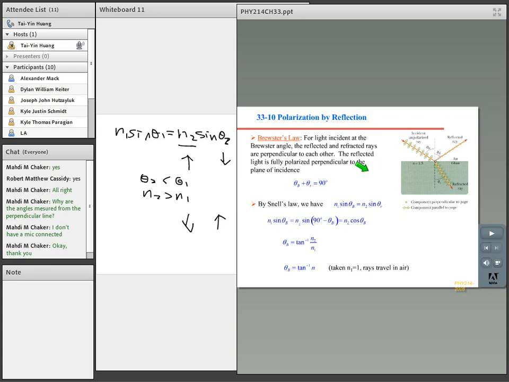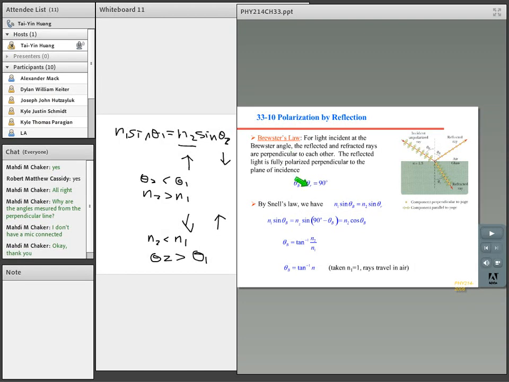So if N2 is less than N1, you have your theta 2 greater than theta 1. You might ask, let's say you have light that's traveling from air to glass.